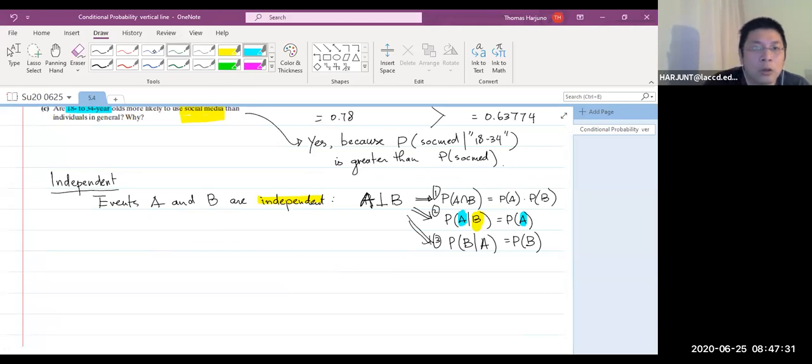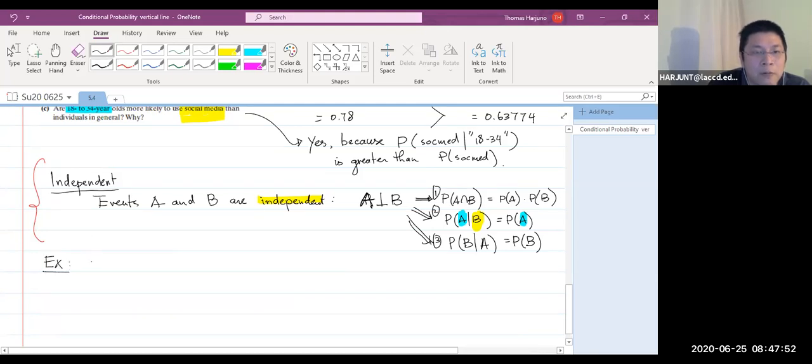So I usually don't ask questions about independence in my tests, but I saw this kind of question show up once in the department final. Let me give you the sample problem.